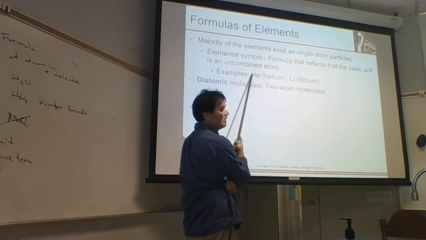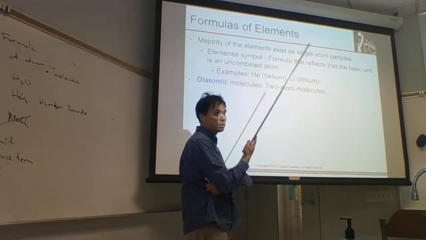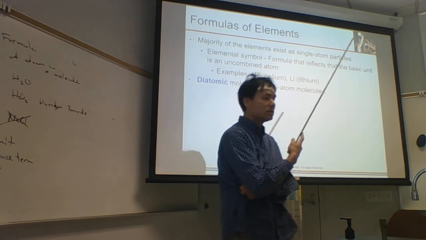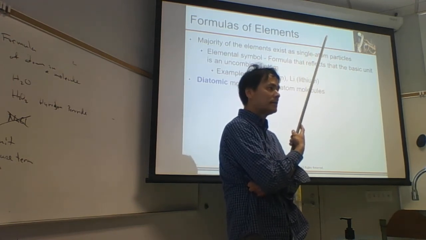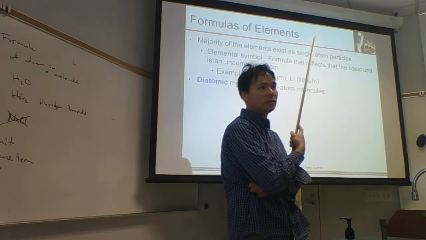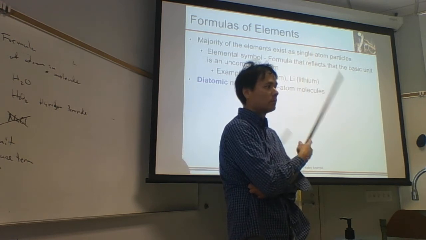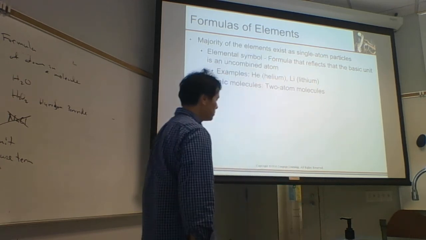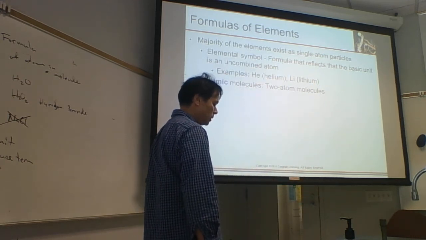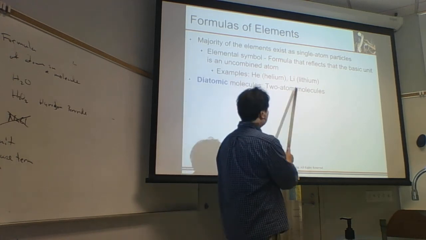When we think about helium, what's the structure of helium? Helium is a gas. Helium gas consists of helium molecules, helium lattice, helium atoms? Helium atoms, just individual atoms going around. They're not bonded together.